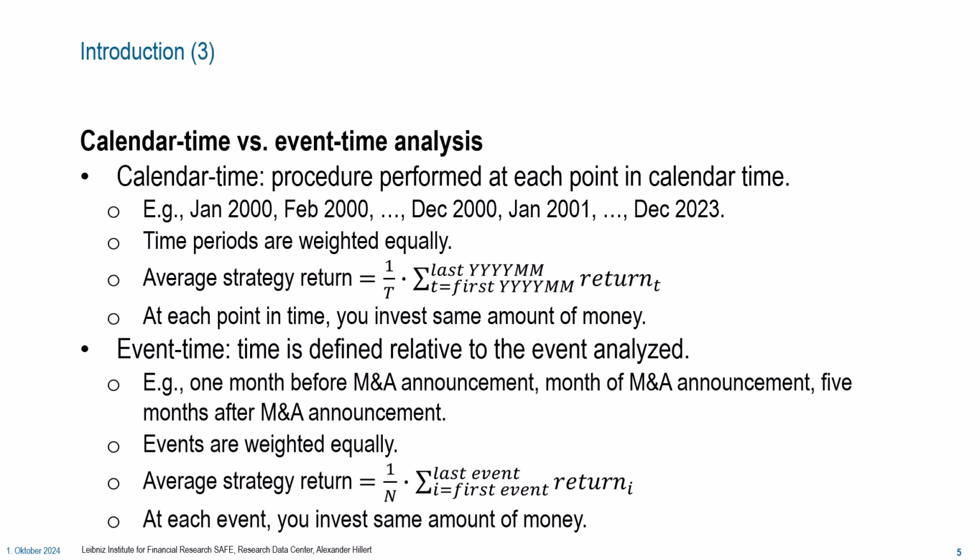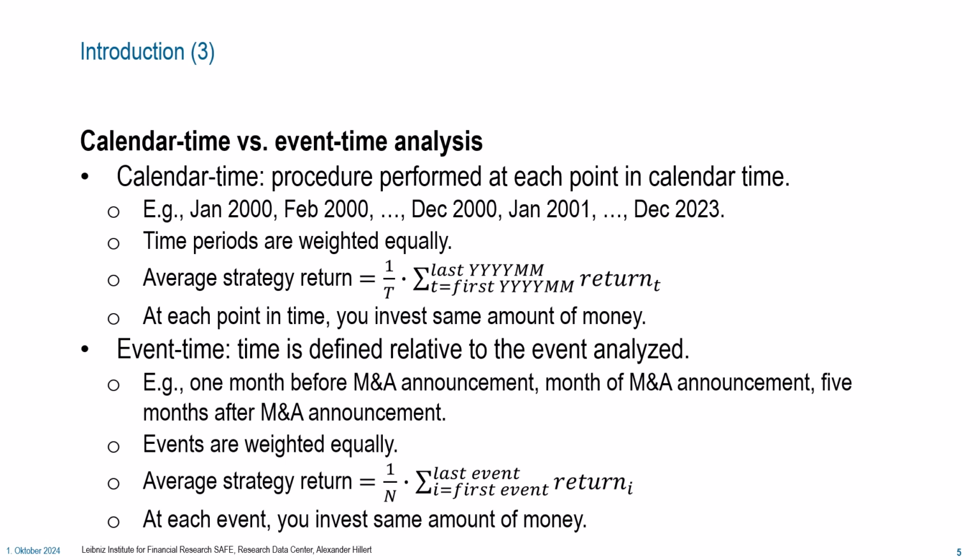To make the difference between calendar time and event time a bit more clear, I would like to contrast the two approaches here. Calendar time means you perform the procedure at each point in calendar time. So for example, we could have a trading strategy where we sort stocks during our entire sample period starting in January 2000 until December 2023.